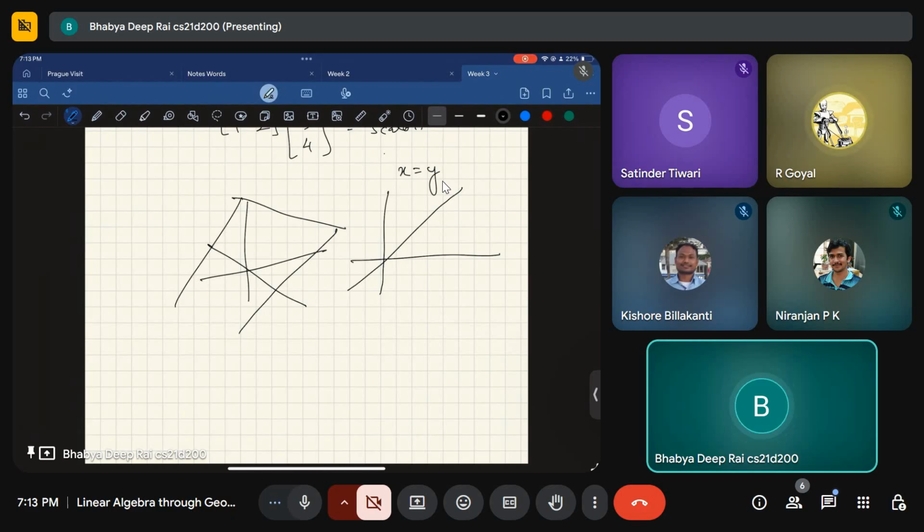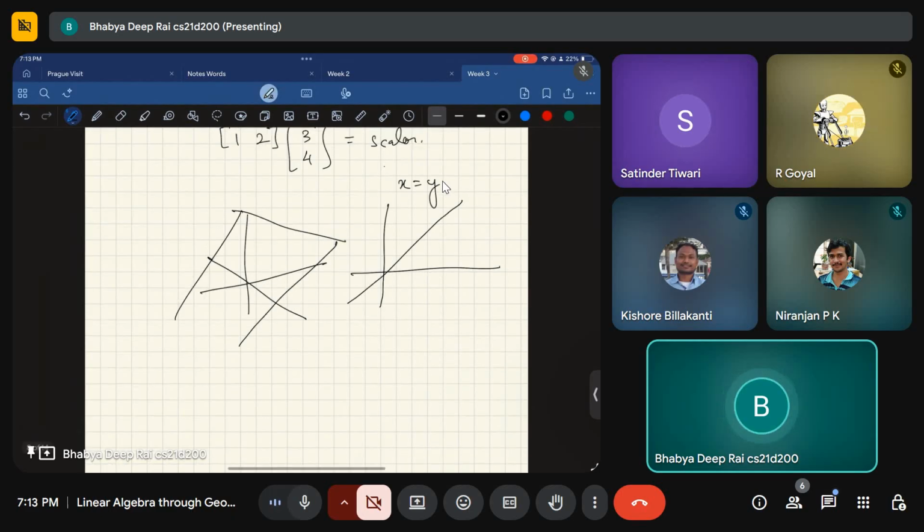If you have, let's say, 1001, what does it give you? It gives you the same thing, right? x comma y. Now what you can do is transpose this.